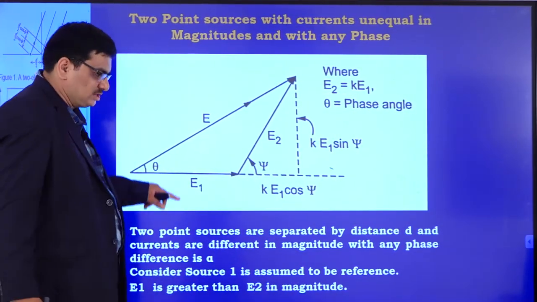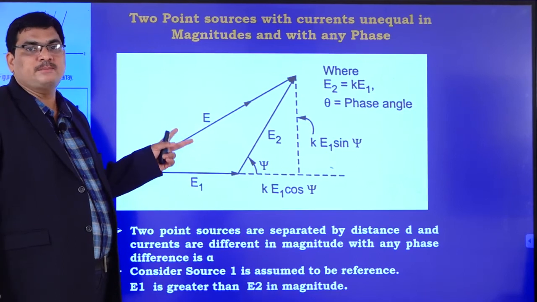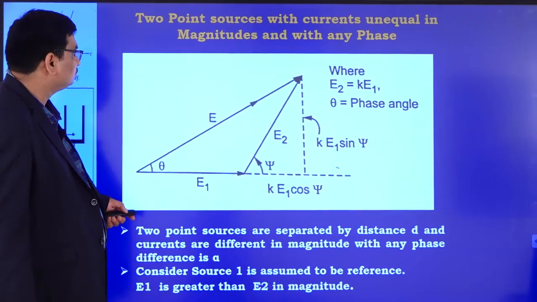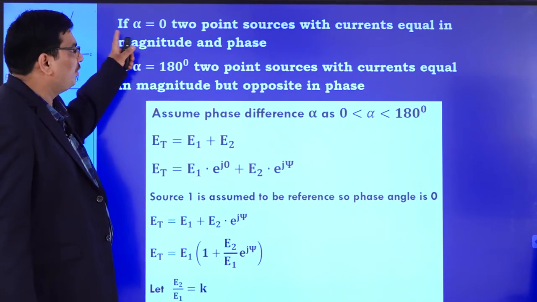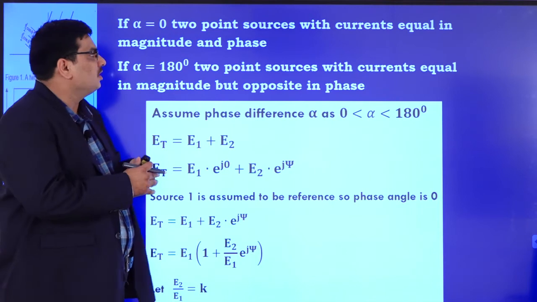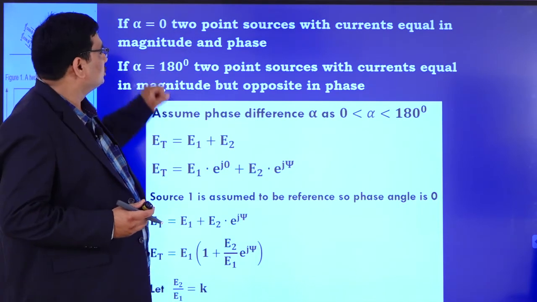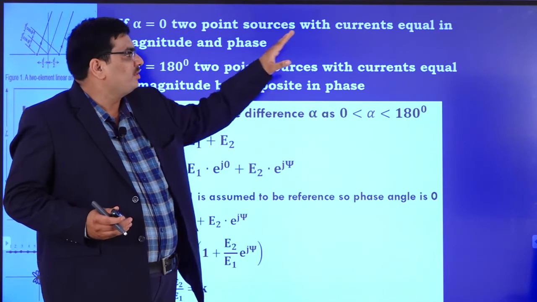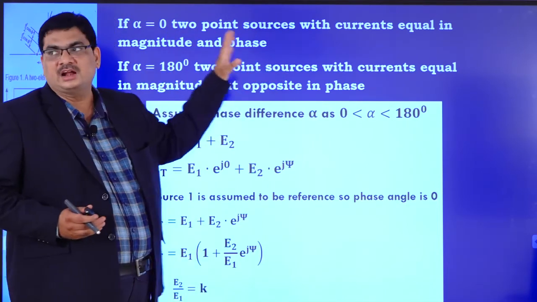When alpha equals 0, that is the phase shift between the two elements, it means two point sources with currents of equal magnitude and phase.